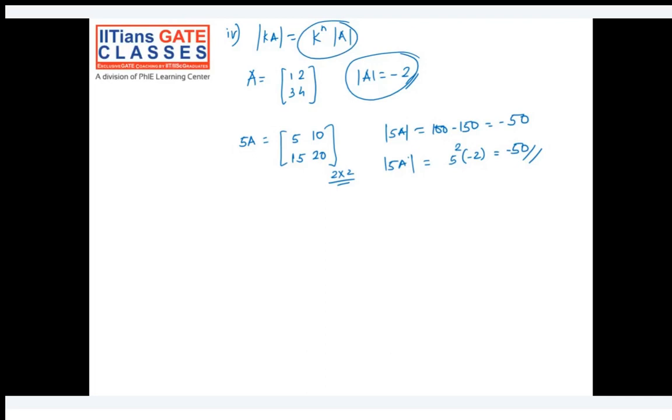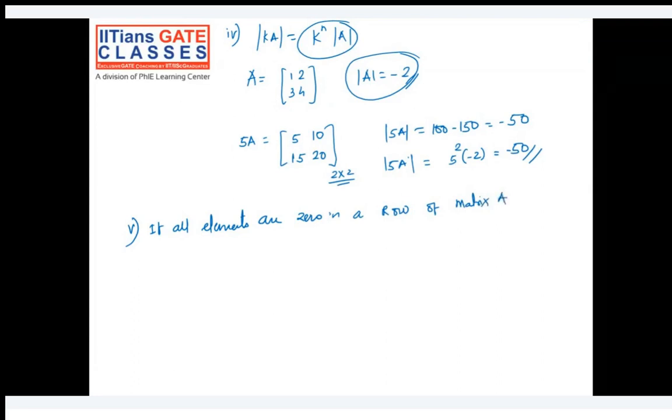Yeah, we have some space here, we can write: if all elements are 0 in a row or a column of matrix A, then what is the determinant of it? 0.